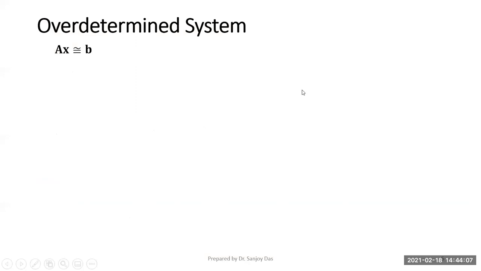Yeah. So remember, in an overdetermined system, we have fewer variables and more equations to satisfy, right? So A is a tall matrix and X is an N by 1 vector, and we should try to match AX with B, but we cannot do that because we have fewer variables at our disposal.